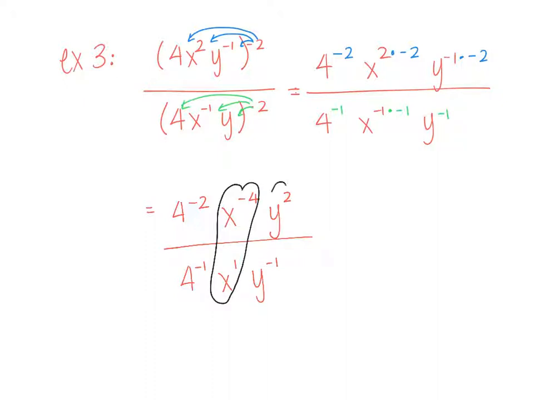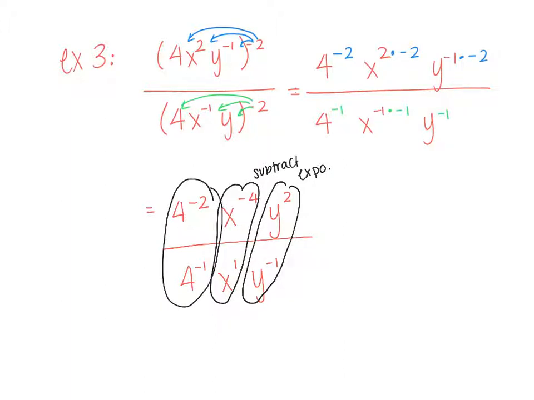So I've got like bases being divided, which means I'm going to subtract exponents. Same thing with these, because those are both base 4. So I'm going to subtract the exponents. So for this one, I have negative 2 minus negative 1. Negative negative turns into positive. Negative 2 plus 1 is going to give me negative 1 on top.